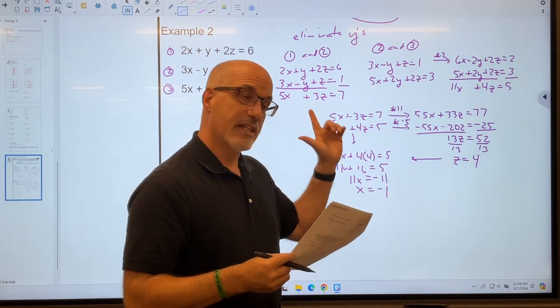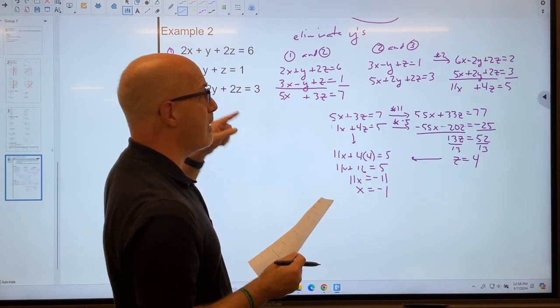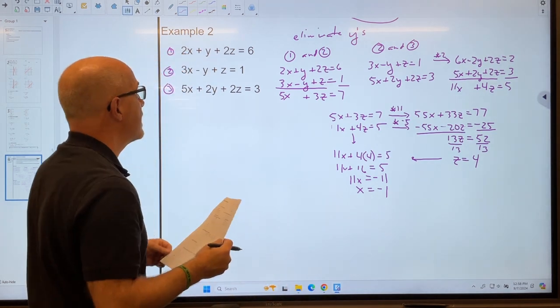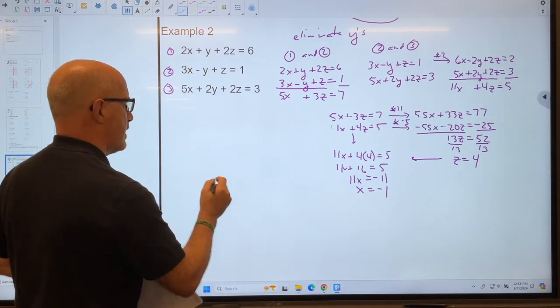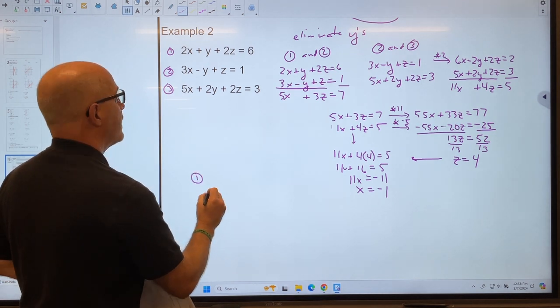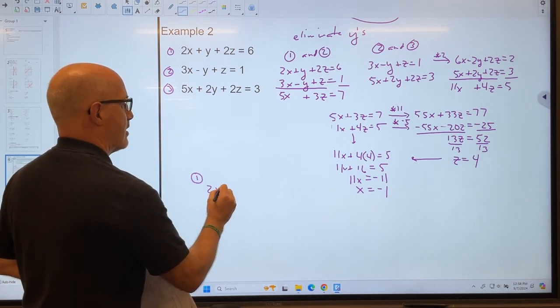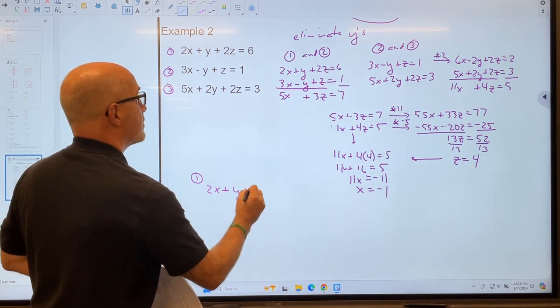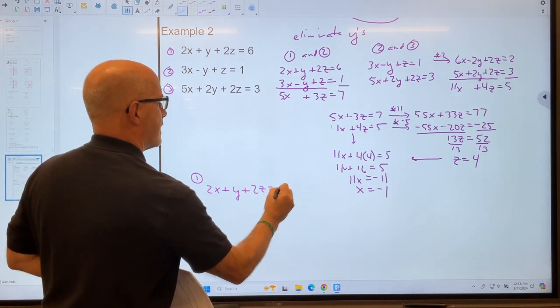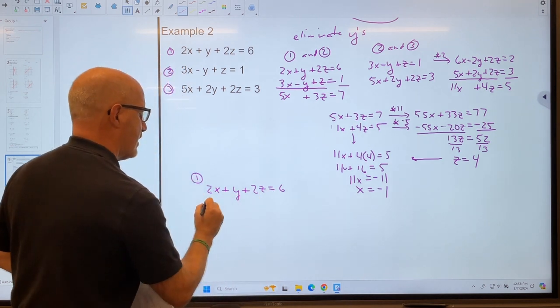How we get back to get the y that's still missing is go back to one of the original equations. I'm going to go ahead and just use the first one here. So equation 1 is 2x plus y plus 2z equals 6. I'm going to put in x here.